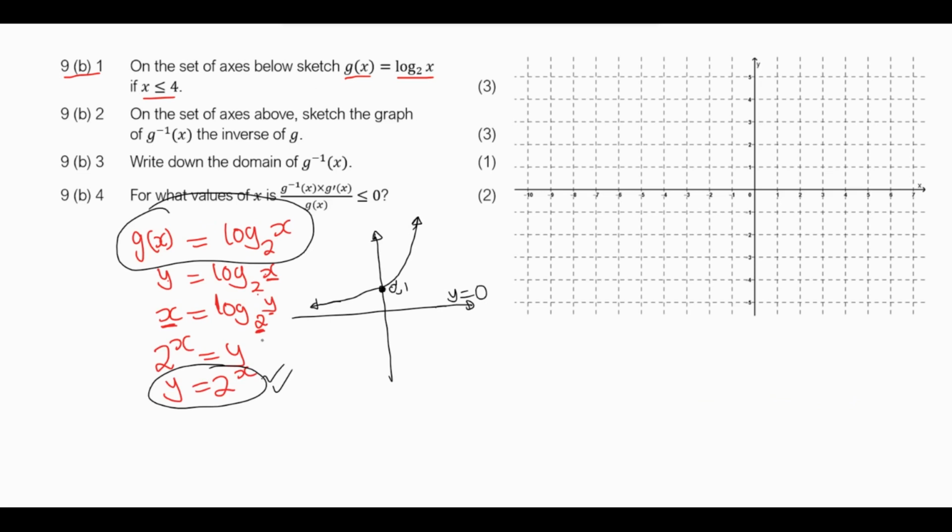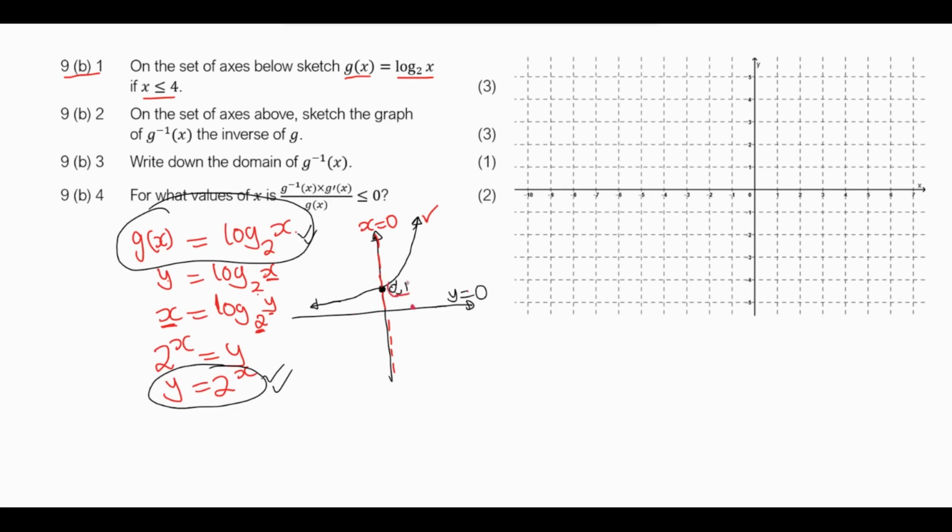And then the inverse of this exponential function, which is the logarithmic function, the asymptote is going to be x is equal to 0. Remember, for the inverse, y becomes x, x becomes y. So for this logarithmic function, x is equal to 0 becomes the asymptote. So the exponential function has a horizontal asymptote, then the logarithmic function will have the vertical asymptote.